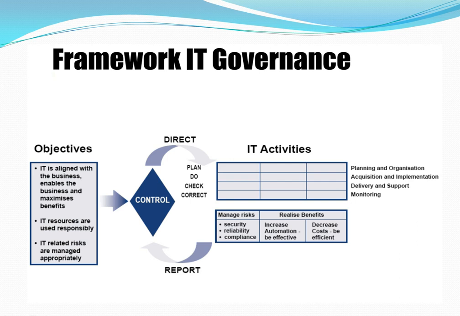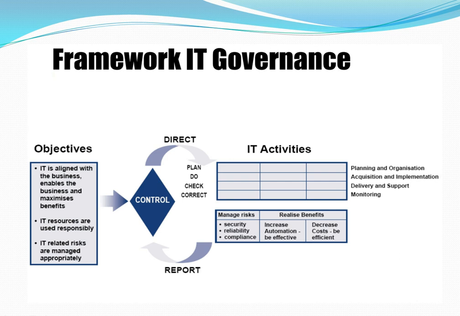The delivery has to do with value for IT activities and how IT activities support the business as it were. Then you talk about monitoring the IT activities. So there should be controls on plan, do, check, and also correct.